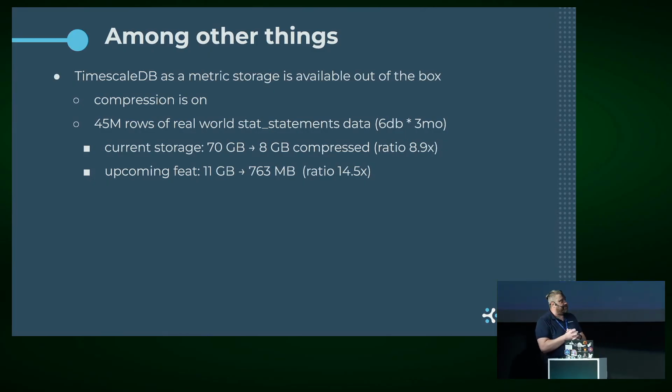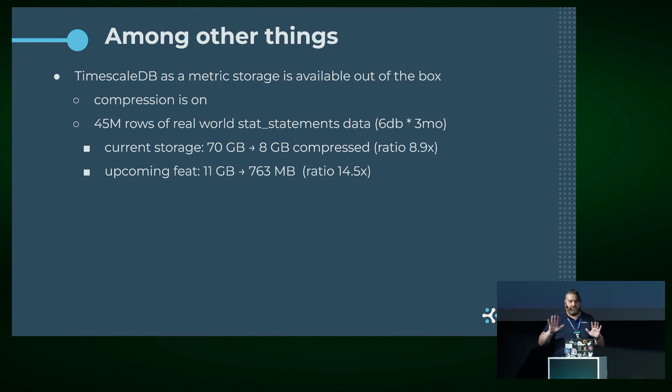Among other things, a very cool thing we found with TimescaleDB and Citus as well: any forks of Postgres that provide compression are very good to use for measurement databases. For example, if we take 6 databases under monitoring for 3 months, it will produce 45 million rows. And with vanilla Postgres, it will take 70 gigs for 3 months.